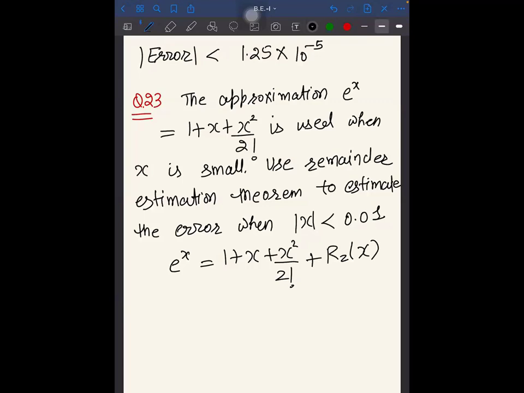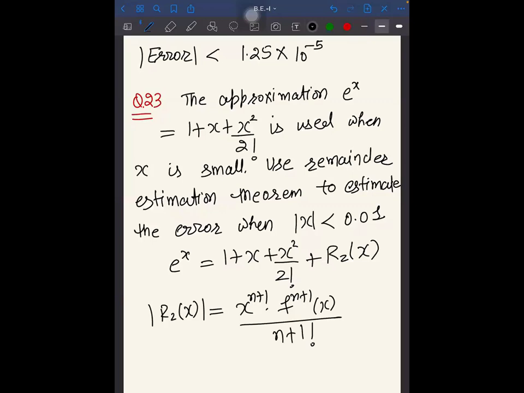Okay, so now see, what is your R2(x)? It is f raised to n plus 1 of c, x raised to n plus 1, upon n plus 1 factorial.